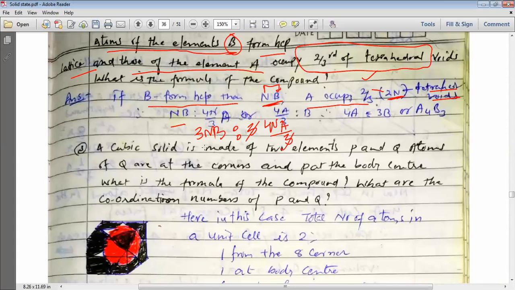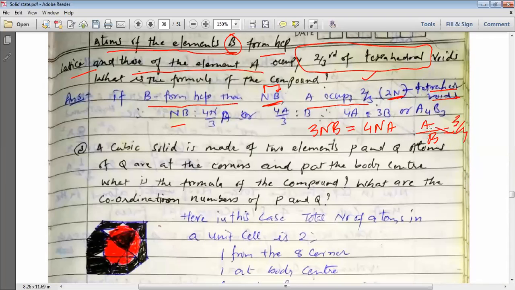This 3 and 3 get cancelled, and what we simply get is that 3nB is equal to 4nA. And therefore, my dear students, what we can write here is A by B is equal to 3 by 4.